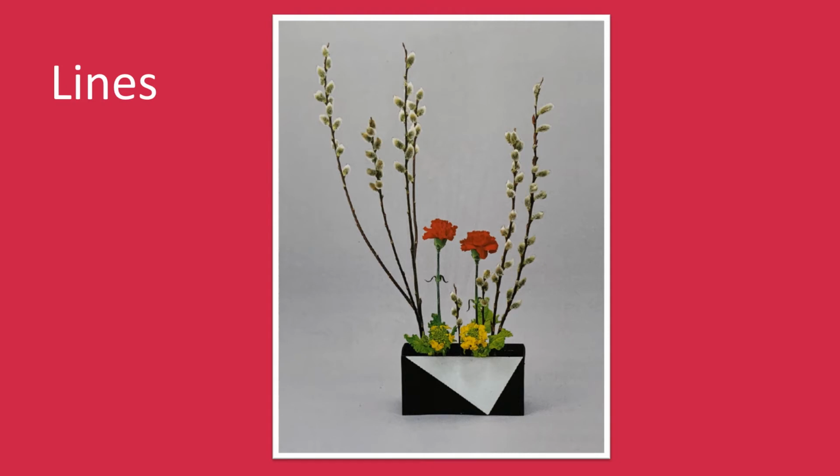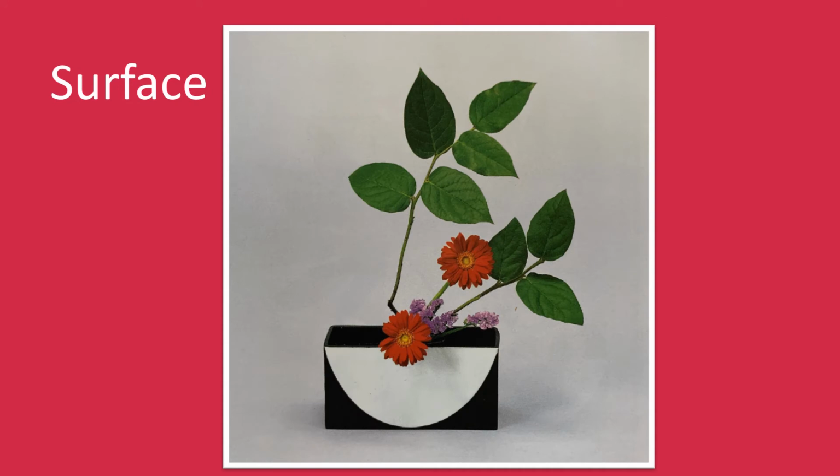This arrangement on page 17 of your manual uses vertical lines of pussy willow and carnation, and the arrangement is grounded at the bottom with rape blossom. This arrangement from page 37 of your manual uses salal leaves and gerbera flowers as surface material, and at the bottom we find the purple statice.